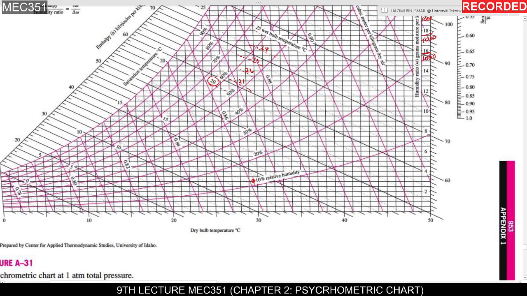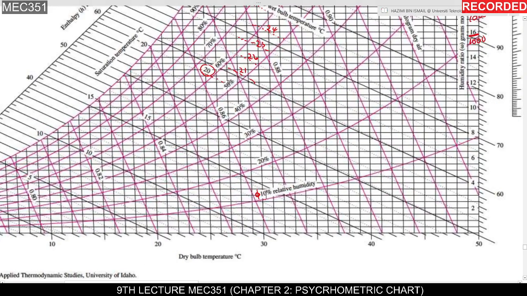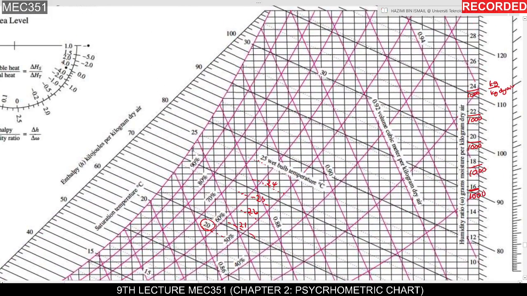So if you go upper, then we will have another curve line for relative humidity. This is 20%. The other one is 30, 40, 50, 60, 70, 80, 90 until it reaches 100% at this line.